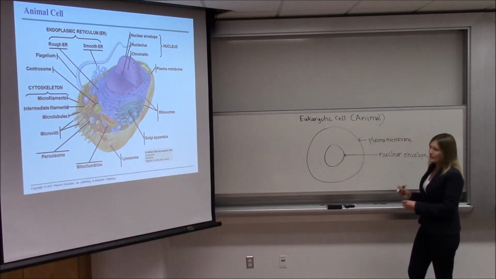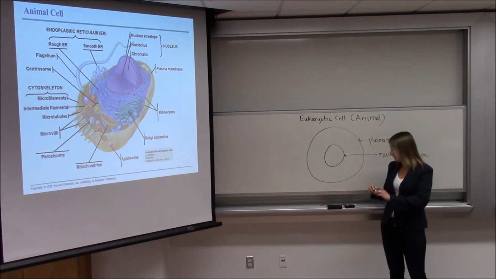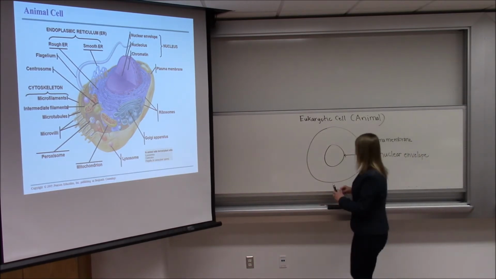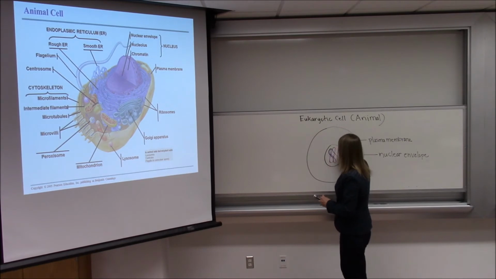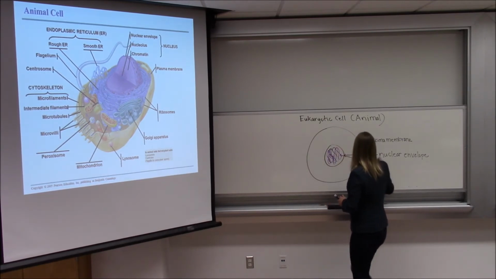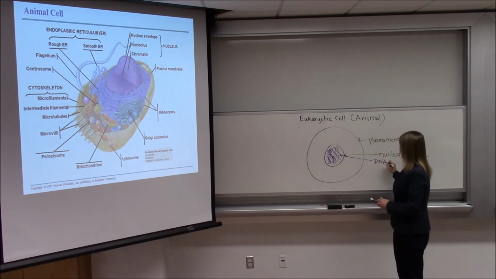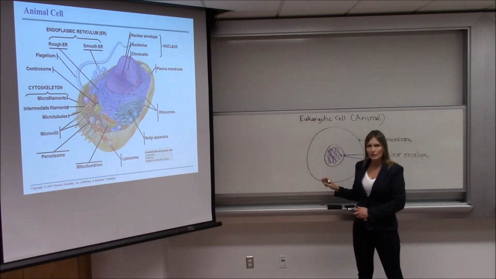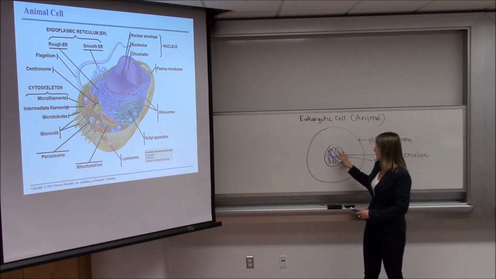This is what really defines the nucleus of the cell. And inside here, we have the DNA, protected from the cytoplasm. So eukaryote, true nucleus. Eukaryotic cells have a nucleus.